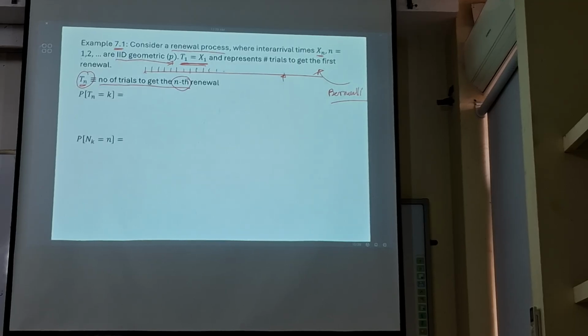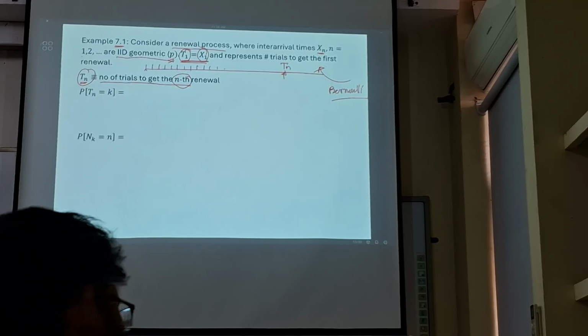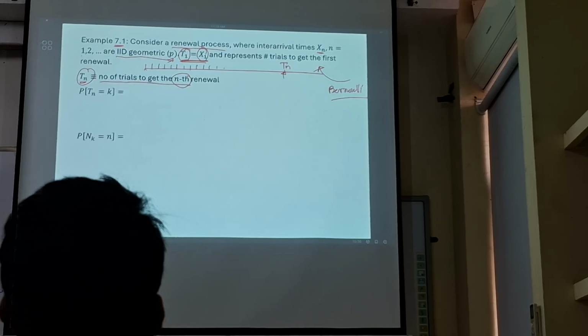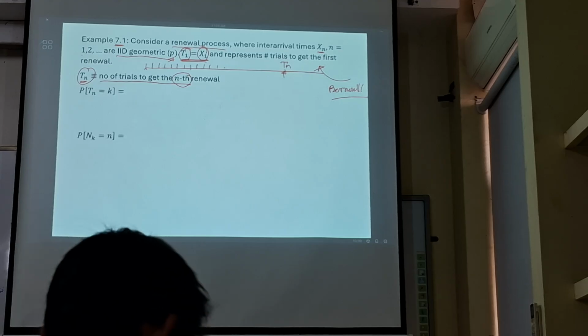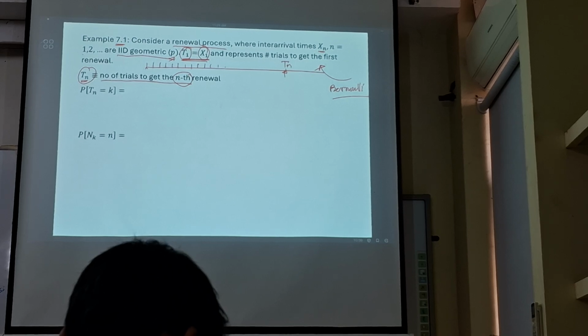Where T1 equal to X1 represents the number of times we need to toss to get the first hit. The idea is, if getting a hit is a renewal, then T1 is the number of times you need to toss to get the first hit.